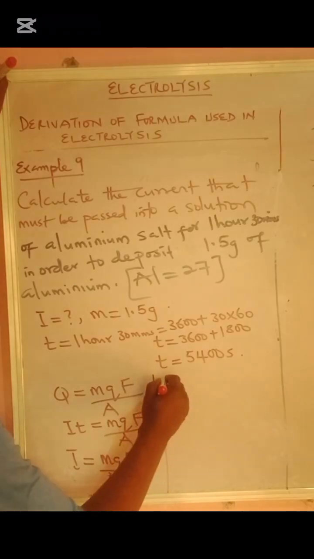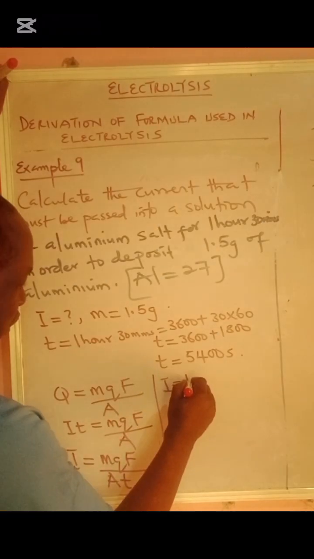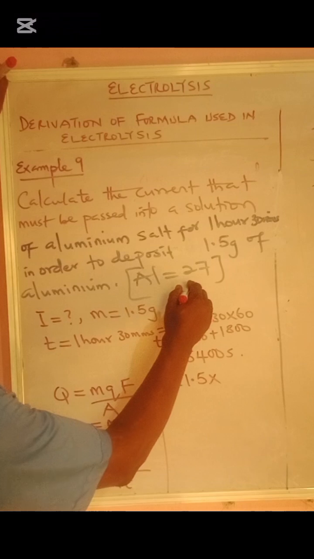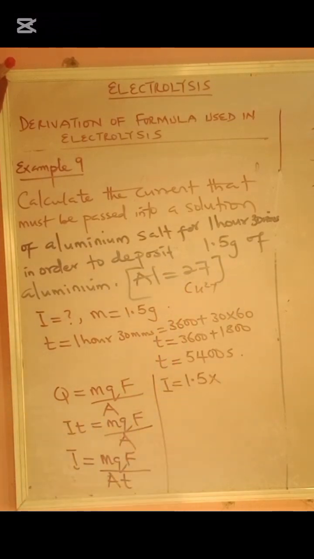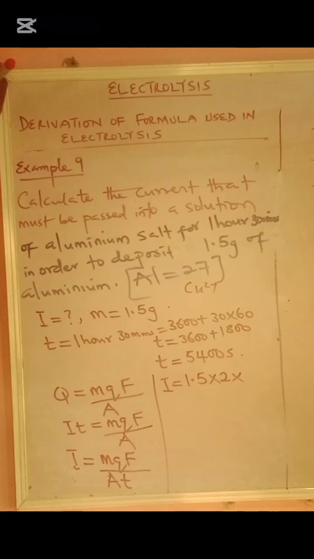So complete it here. I is equal to, what is my M? My M is 1.5 times, what is my Q? The valence is 2 plus, 2 times F, number of Faradays.